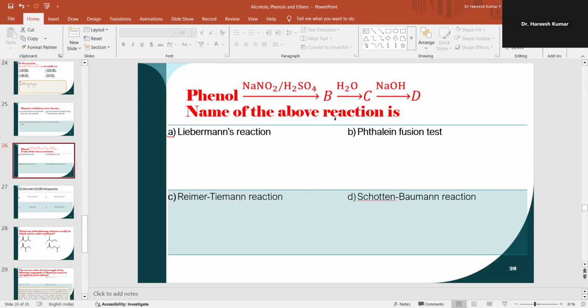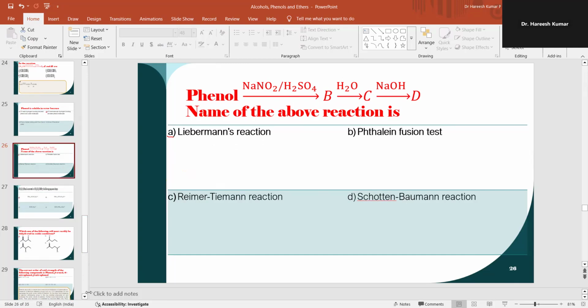This equation I have not given, but you can check Liebermann's reaction. For the phthalein reaction, the reactants are not matching. For Reimer-Tiemann and Scott-Bowman reagents, they are not matching. Liebermann is matching. That's the reason option A is the correct answer.